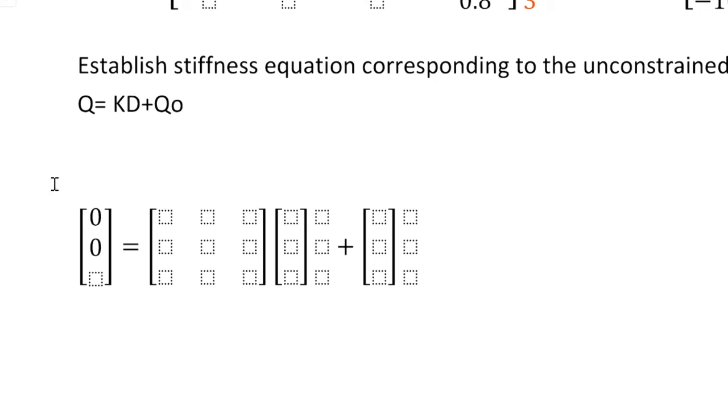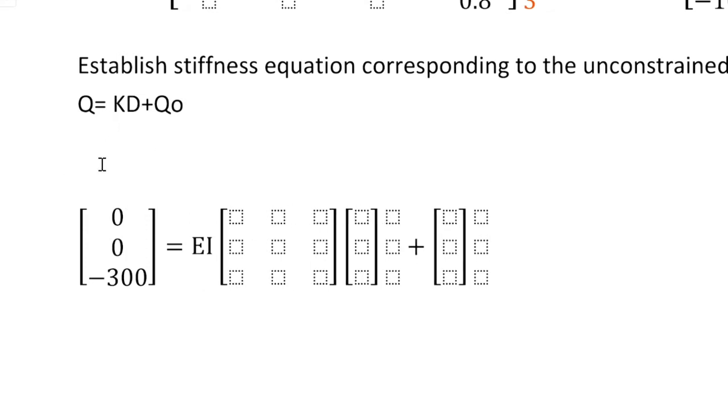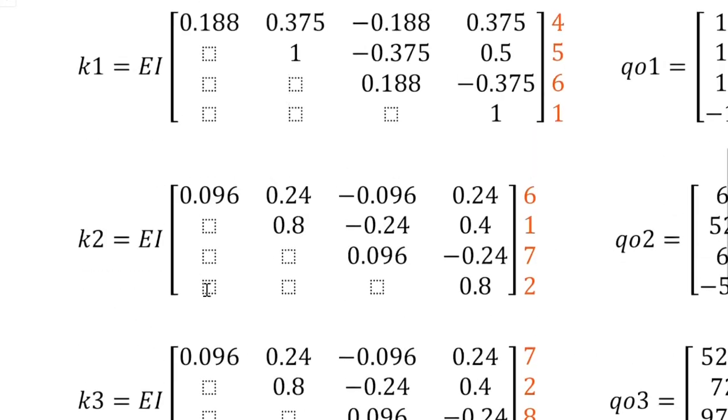Okay, so next is K in terms of EI. We need to put the values for positions 1,1, 1,2, 1,3, then 2,1, 2,2, 2,3, and 3,1, 3,2, 3,3. So for 1,1, we want to find the value right now.